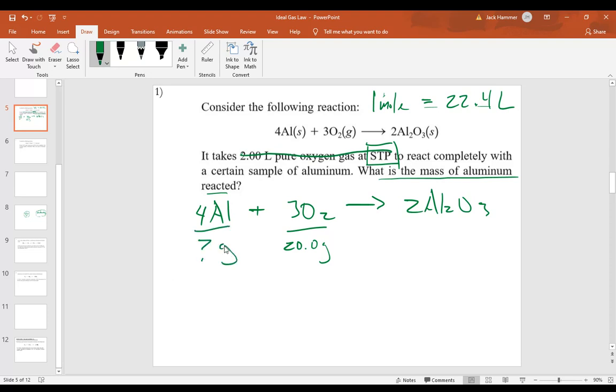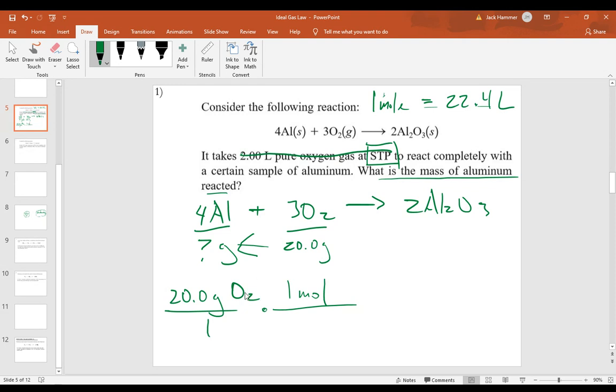If the name of the game is to calculate the grams of aluminum, here's how you'd proceed. So 20 grams of oxygen, that's the given, right? In order to get from here over to here, you need to convert to moles.